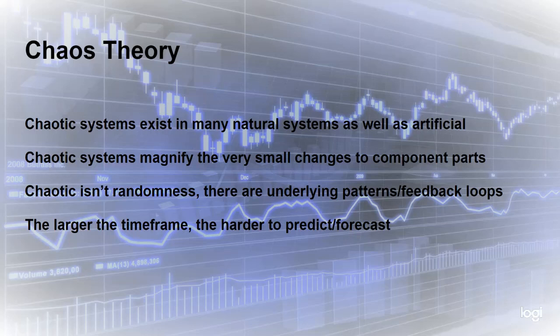One thing you need to understand about chaotic systems is that chaotic doesn't mean random. Whilst it may seem random, there are underlying patterns and feedback loops that cause the result, and it isn't just caused by coin tosses and random results.